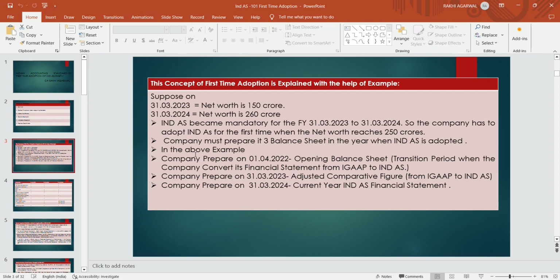For the first time, if they are preparing their financials by adopting Ind AS, they are required to prepare 3 balance sheets. For which period, and what is the transition period for that?